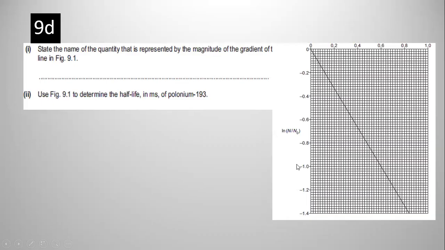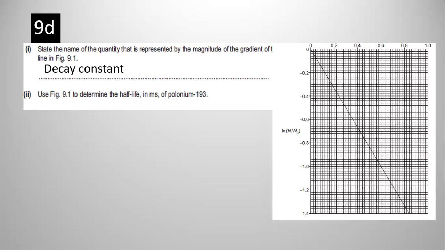State the name of the quantity that is represented by the magnitude of the gradient of the line. The decay constant. Okay, decay constant. Use figure 9.1 to determine the half-life in millisecond of polonium.